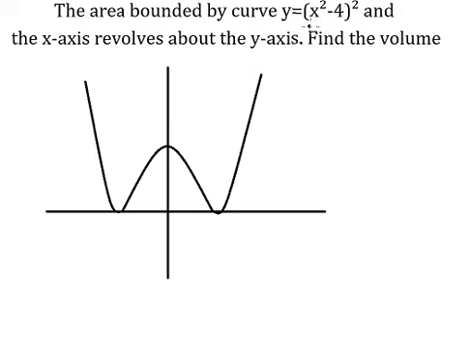So we know that when x equals 2 or x equals negative 2, y equals 0. And we know that this is symmetric.